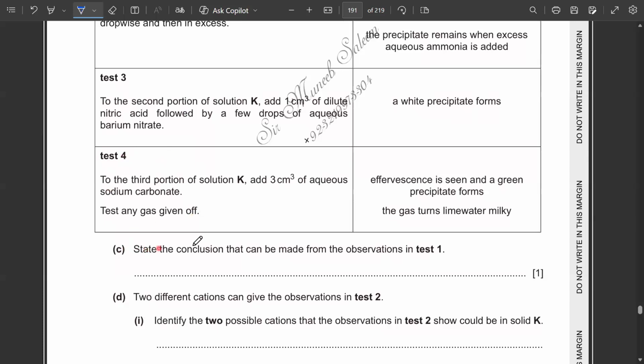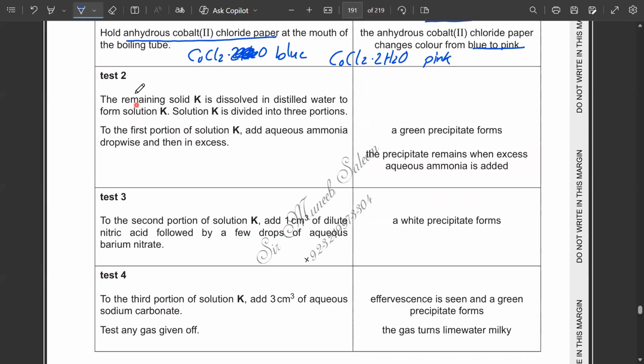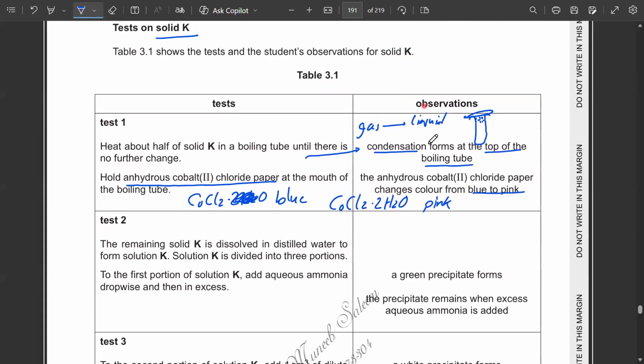C is a question. State the conclusion that can be made from the observation in test 1. So in test 1, we observed condensation occurring at the mouth of the test tube, and also the cobalt chloride paper changing its color from blue to pink. So this shows the compound K basically has water molecules bonded in the compound.